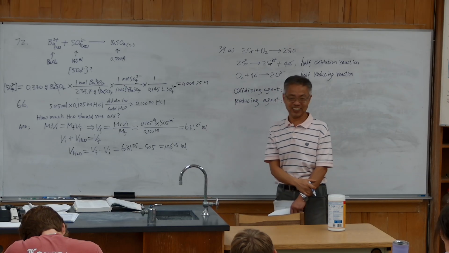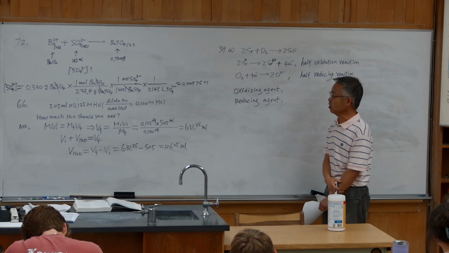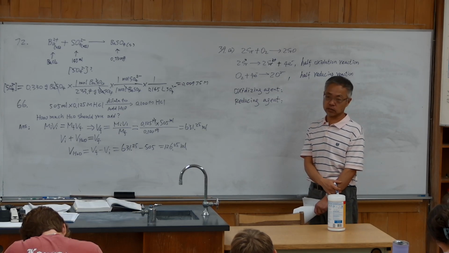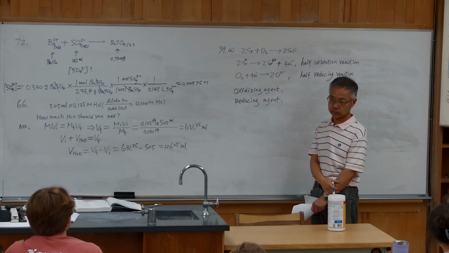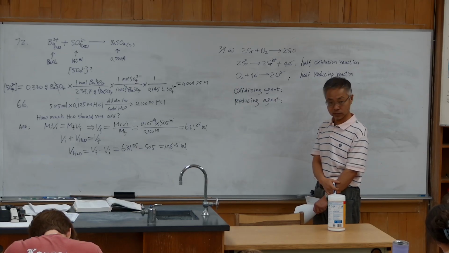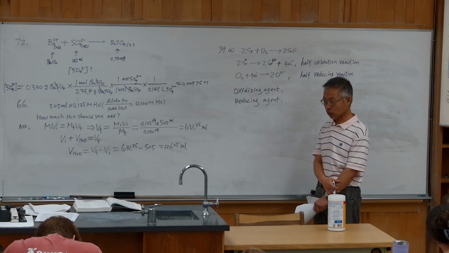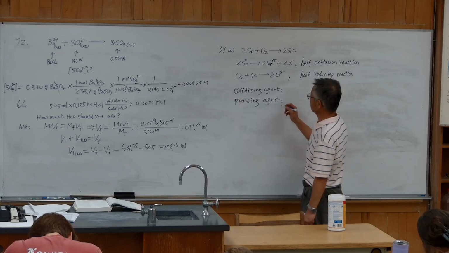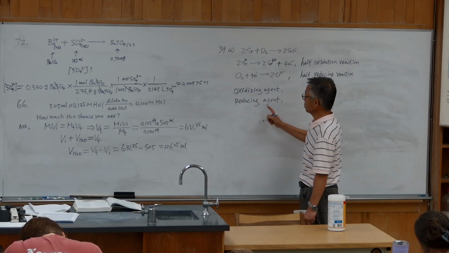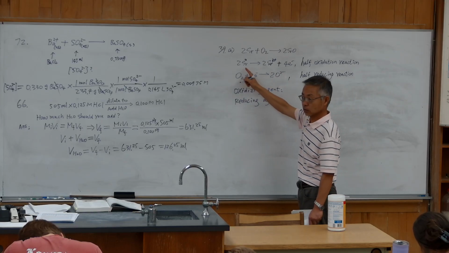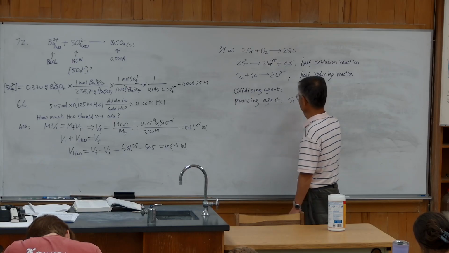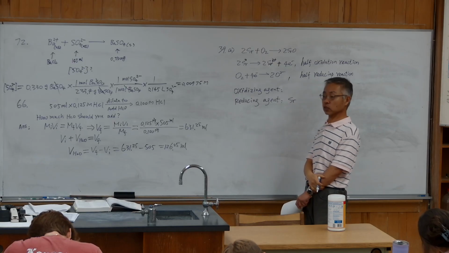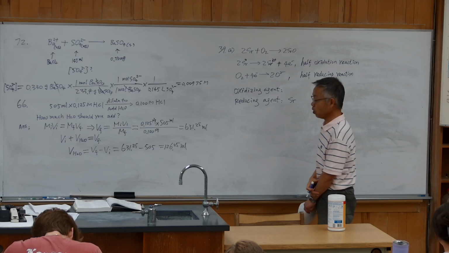Reducing agent is always metal. Oxidizing agent could be nonmetal or metal ion. So in this case, the reducing agent is metal, which is strontium. The reducing agent loses electrons and is oxidized.